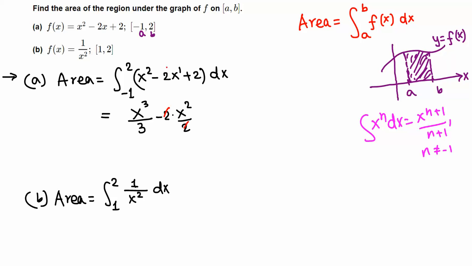Or if you know the derivative of x squared is 2x, then the antiderivative of 2x is x squared, and you don't have to show this work.